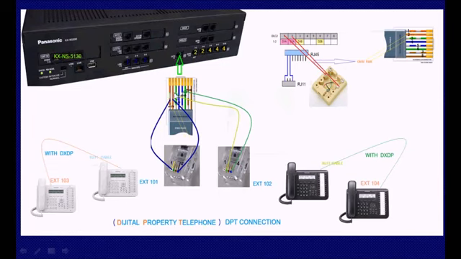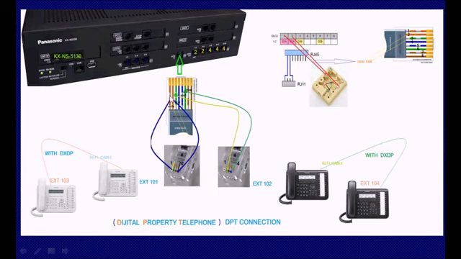Orange pair will be connected to 1 and 4 because the telephone is using an RJ11 interface, and of course another cable can be connected directly from 101 to give 103 with DXDP function.